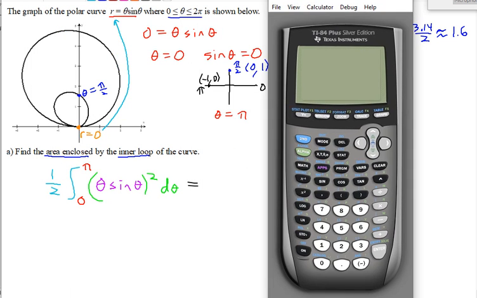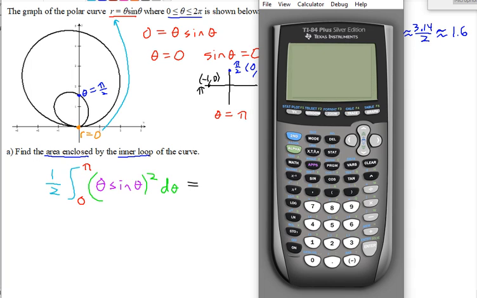So up to the 84 again, it's already in polar mode. So I can just put 0.5 and then math number 9, function integrate, and open parentheses, theta times sine of theta, close parentheses, squared, comma, theta is our variable, comma, 0 is the lower limit, comma, pi is the upper limit.